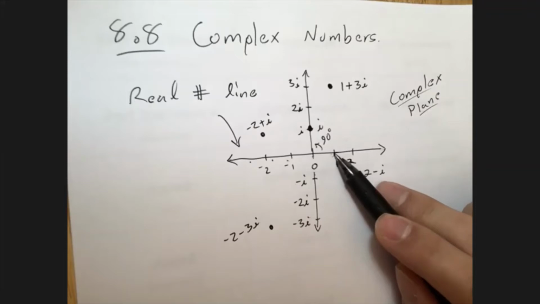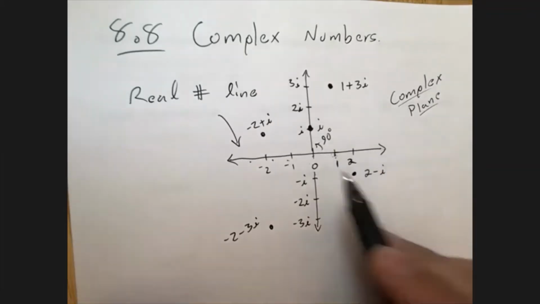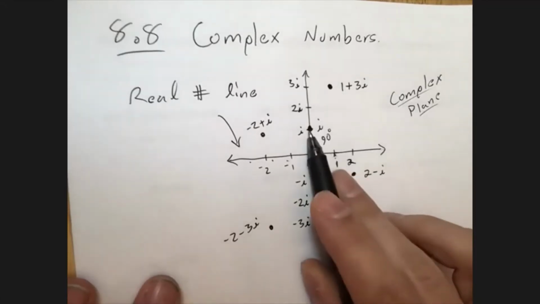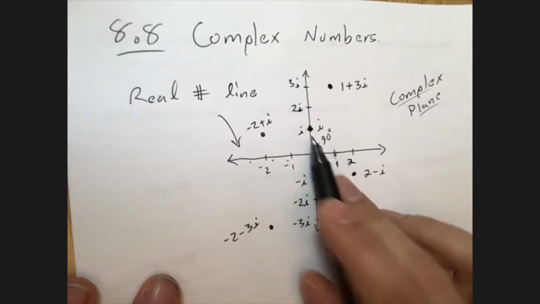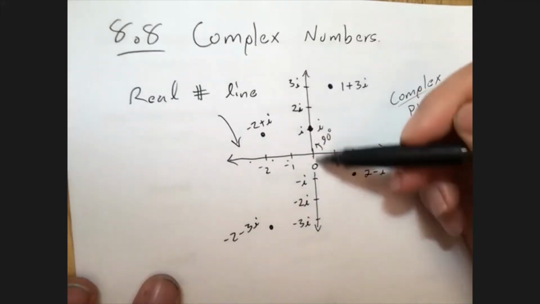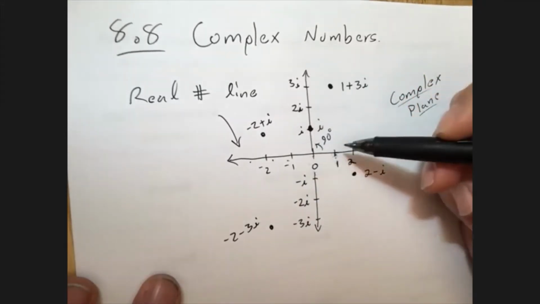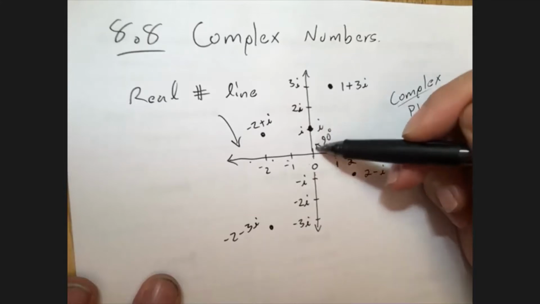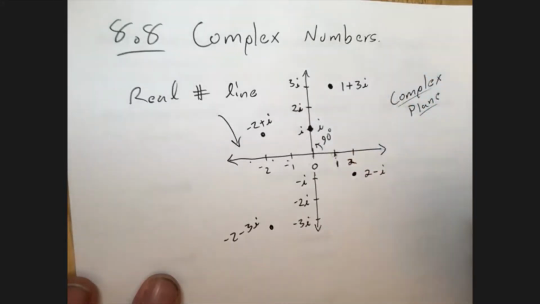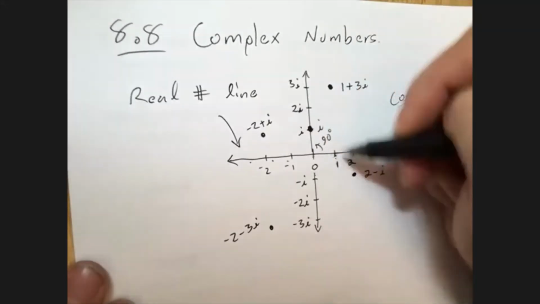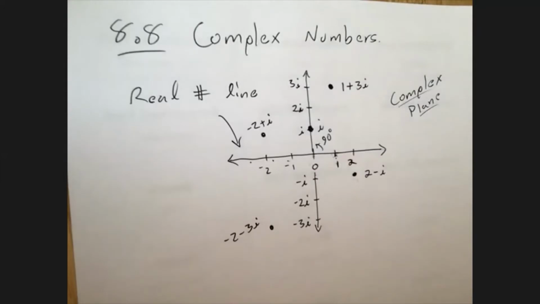Now 1 is on the real number line, so it has angle 0 off the real number line. It's on it. So its angle is 0 plus 90, which is still 90. So 1 times i is still going to be angle 90, so it's still going to be here. And I multiply their magnitudes. Well, they're both 1 unit away from the center, so their magnitudes are 1. You multiply 1 times 1, you get 1. So i times 1 is just still i, right? In fact, anything times 1 is still going to be that number.